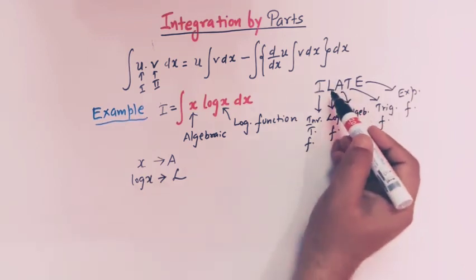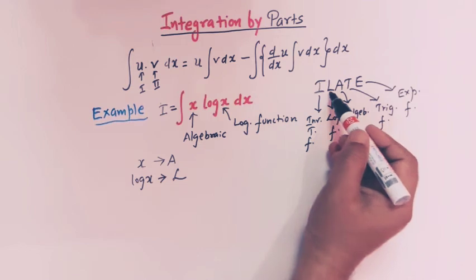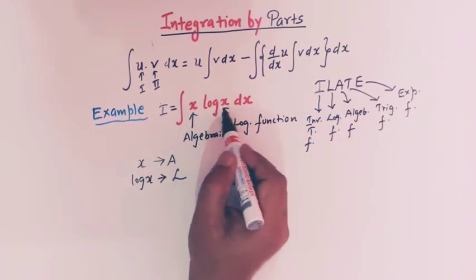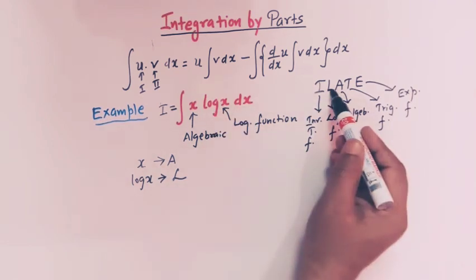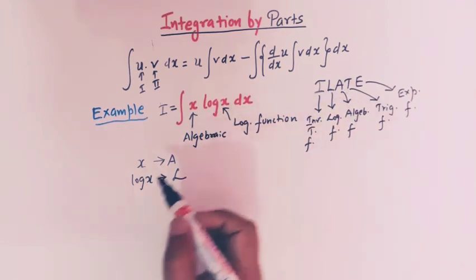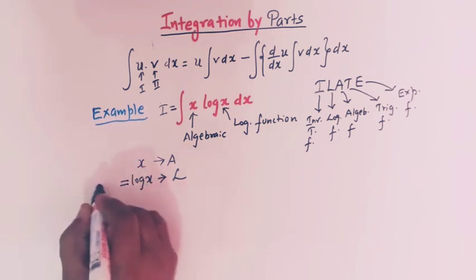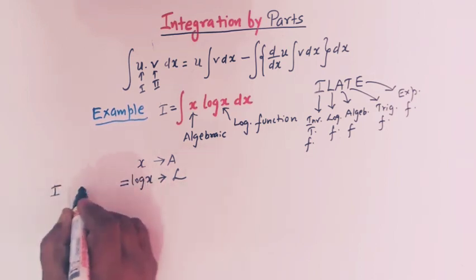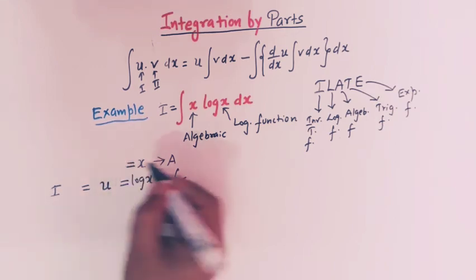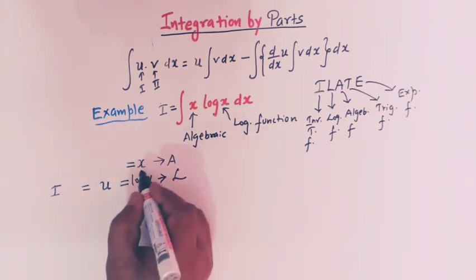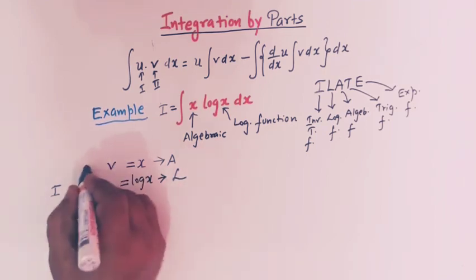And we see that L comes before A, so log x will be treated as the first function, or this is treated as u, right? And x is the algebraic function, so this will be treated as the second function.